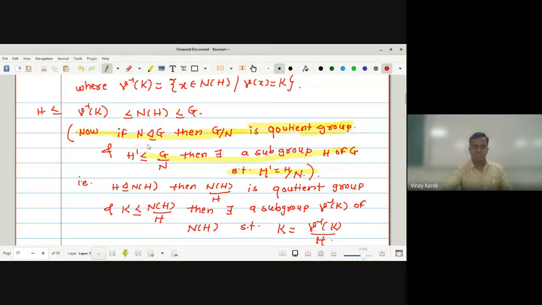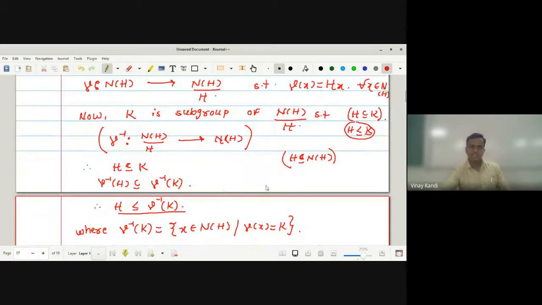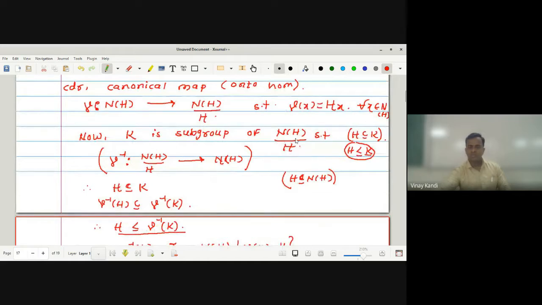Look at here. In place of N, here H is a normal subgroup of N of H. In place of G, we have taken N of H. So here N of H upon H is the quotient group. Okay, now we also proved that K is a subgroup of N of H upon H.